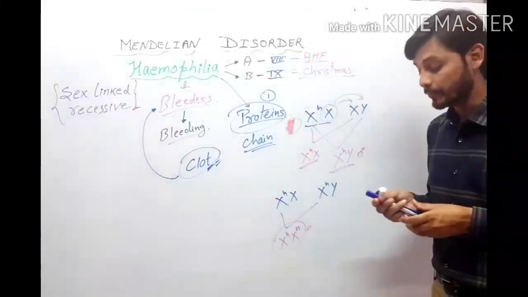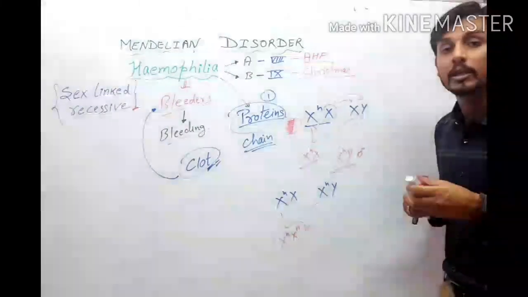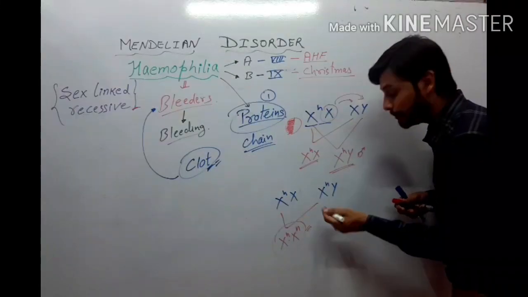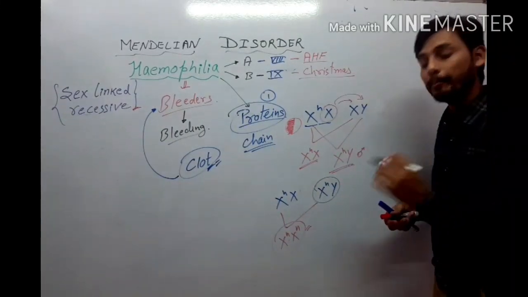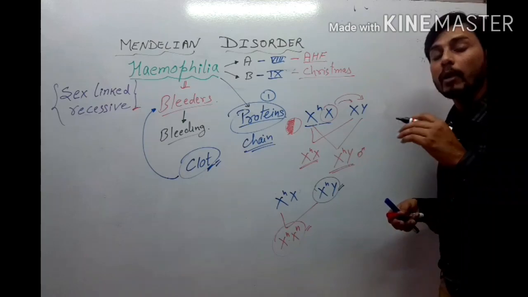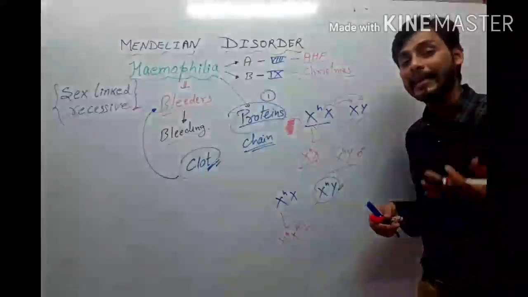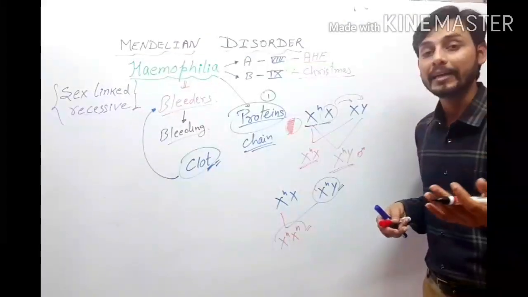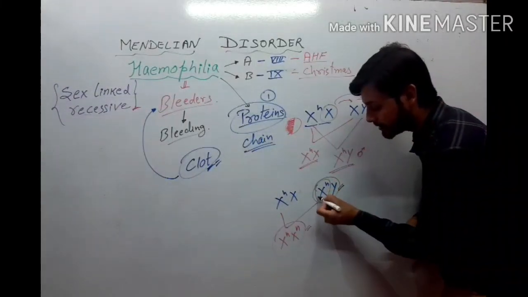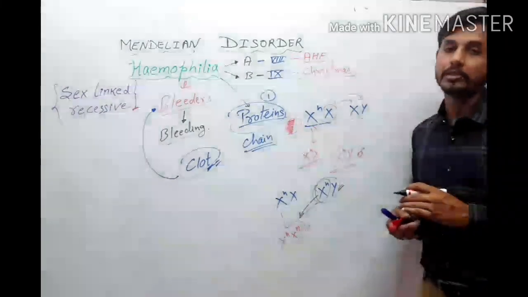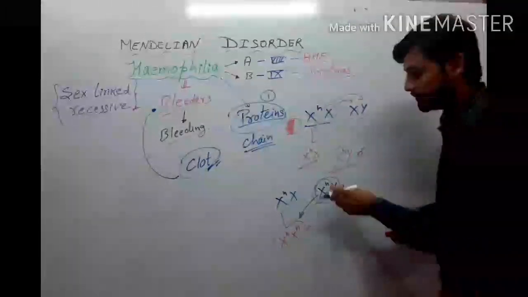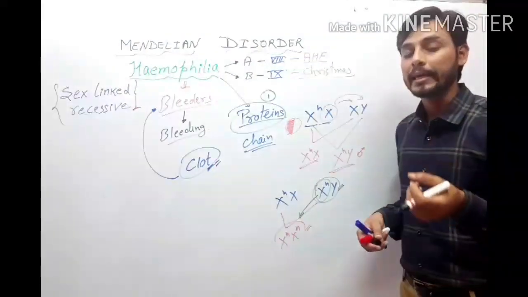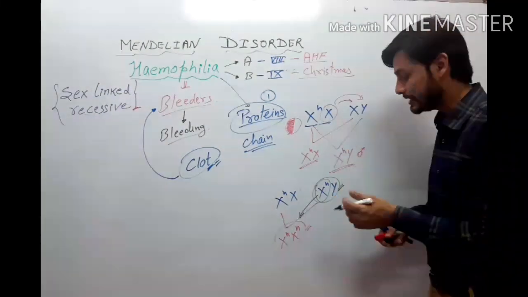It will not take place generally, because in this case the male is required to be affected, but the affected male will not survive up to the age after which they get married and transfer this to the next generation. So therefore the female will always be the carrier of this particular disease.